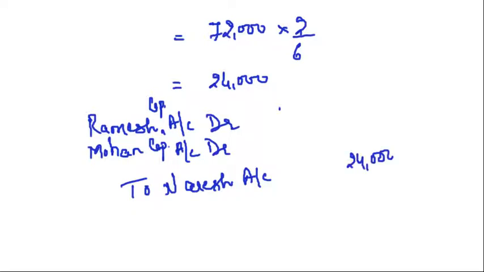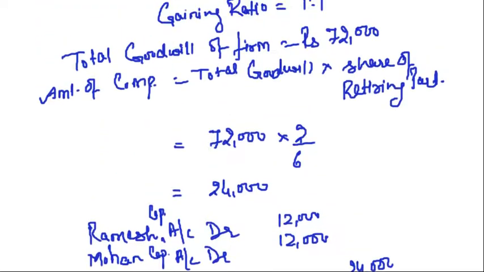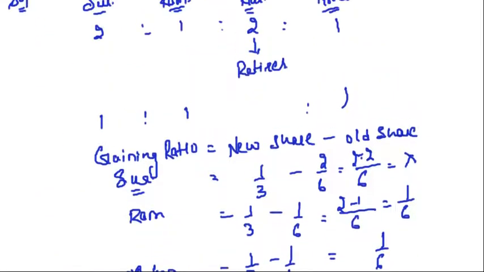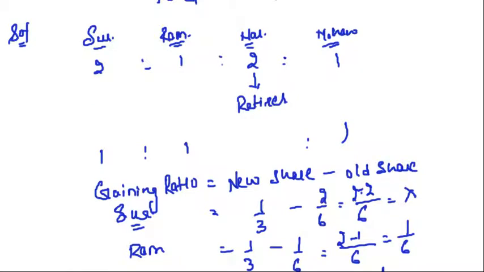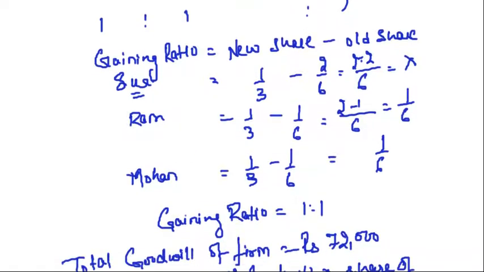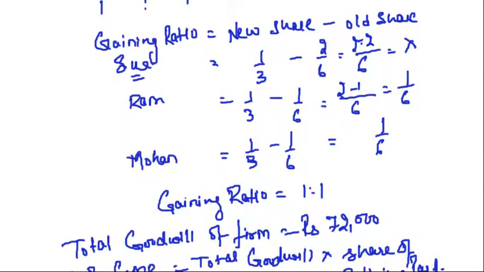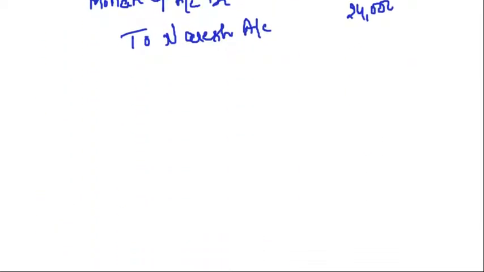And what is the gaining ratio? 1:1. Is that clear, friends? So first of all, in case of goodwill, the first step is to calculate the gaining ratio among the partners and identify who are the gaining partners. Right? Then calculate the amount of compensation that is payable and simply pass the journal entry. Clear?